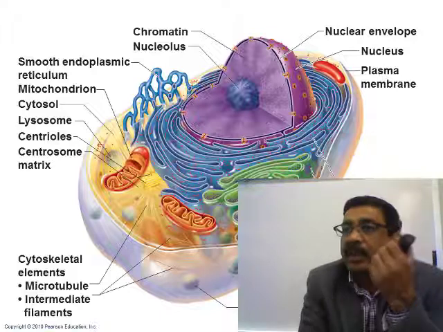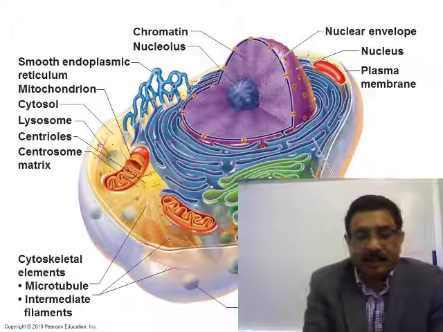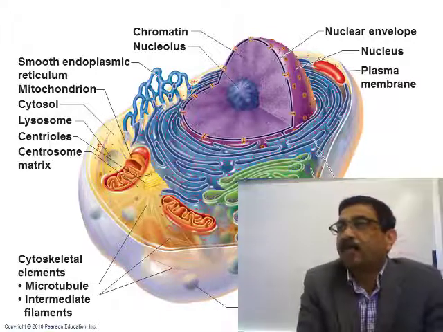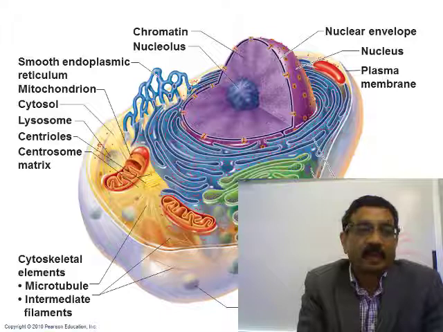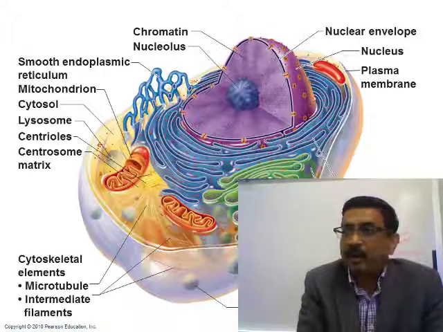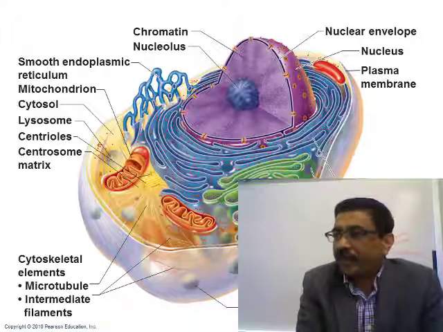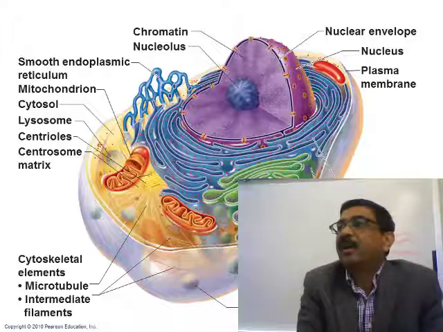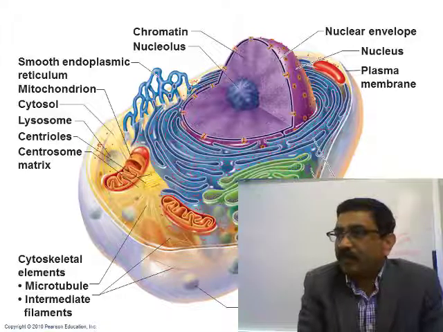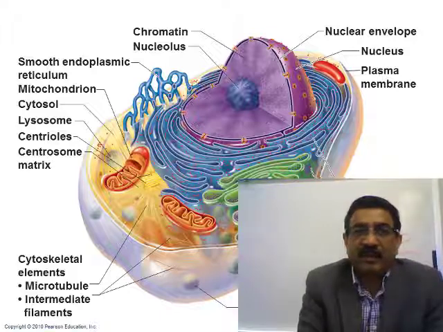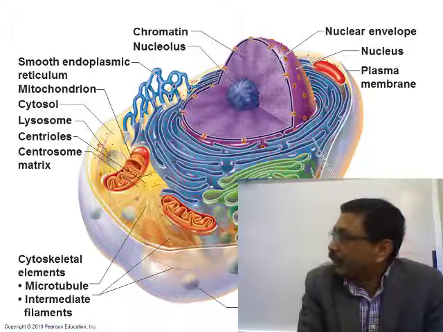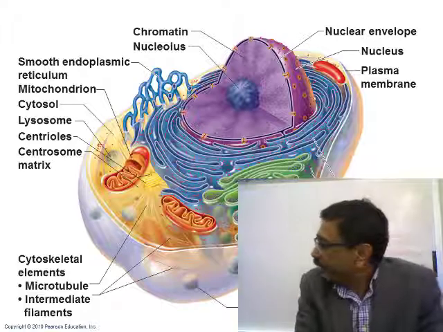So important organelles in the cytoplasm are mitochondria, endoplasmic reticulum or ER, Golgi apparatus, ribosomes, vesicles. So those are some important organelles.